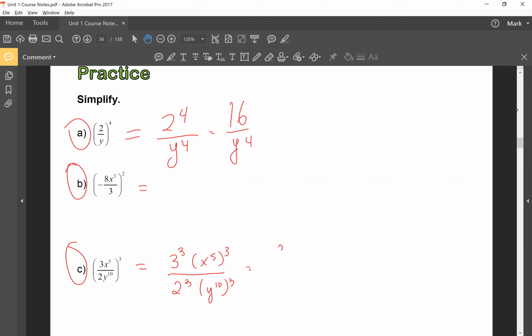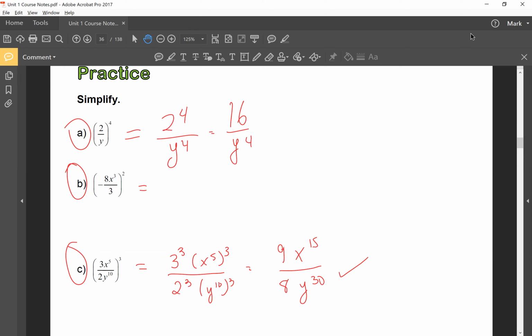All right, so I'm going to get 9x to the 15, 8y to the 30, and there you go. A common mistake here is you might add the exponents. Remember that's different. We don't add exponents when they're outside brackets.